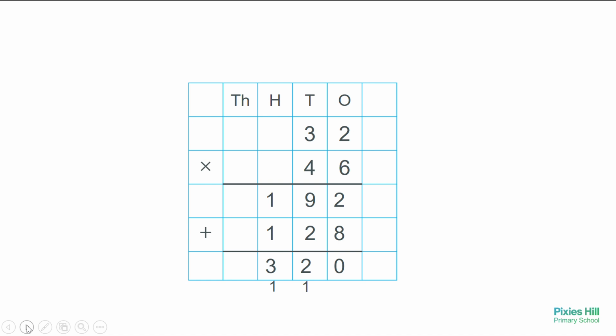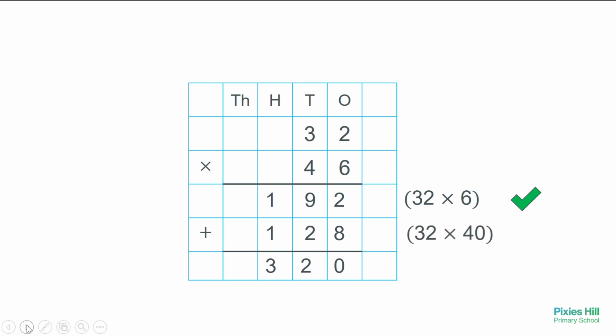One of the most common mistakes with long multiplication is omitting the 0 as a placeholder. As you can see from this example, 32 times 6 does equal 192. However, on the second row, as the 4 is in the tens column, it represents 40 and not 4.